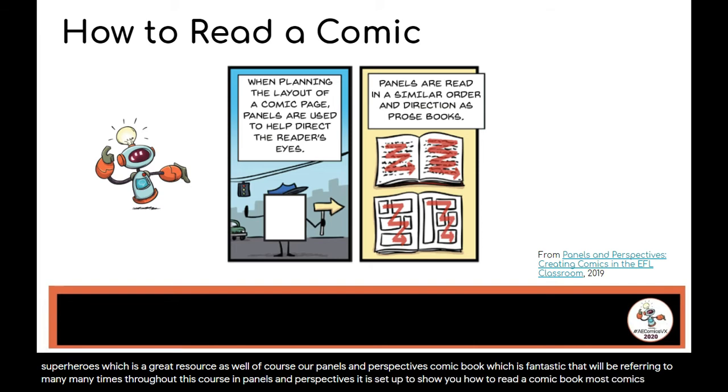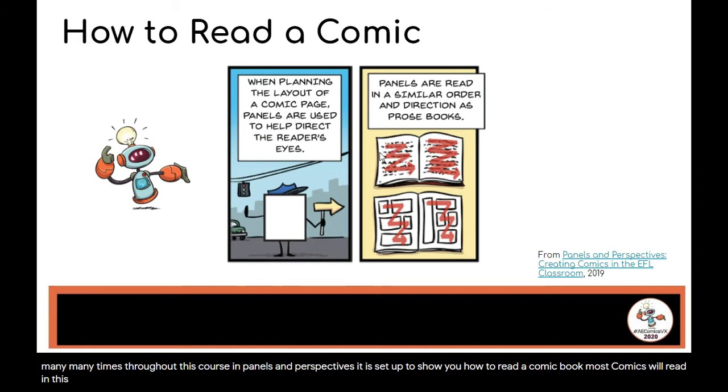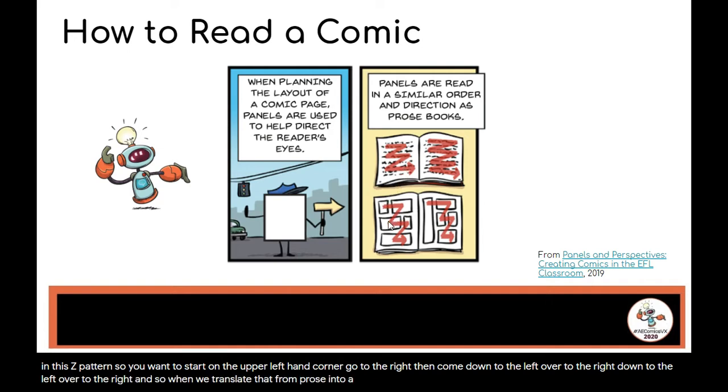Most comics will read in this Z pattern. So you want to start on the upper left-hand corner, go to the right, then come down to the left, over to the right, down to the left, over to the right. And so when we translate that from prose into a comic book or sequential art, it's the same pattern, this Z pattern. Don't get confused.